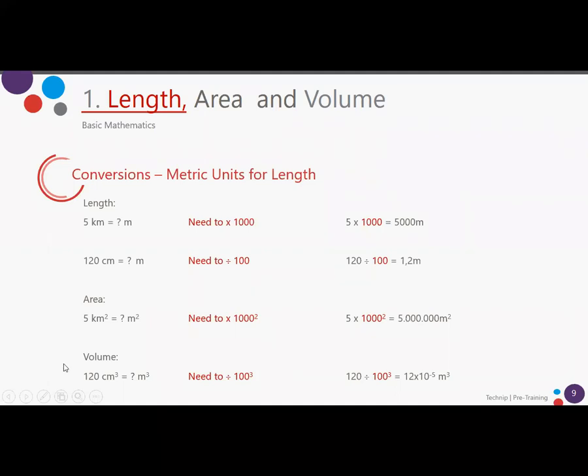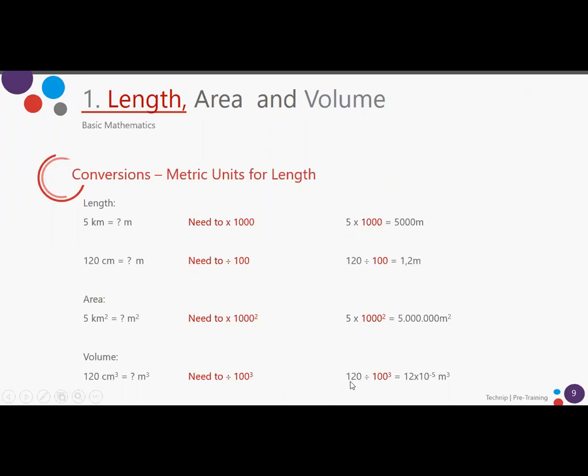And the conversion with volume follows the same logic. So we have 120 cubic centimeters, and we want to know how much that is in cubic meters. So we don't only have to divide it once by 100, but 3 times, or divide it by 100 cubed.